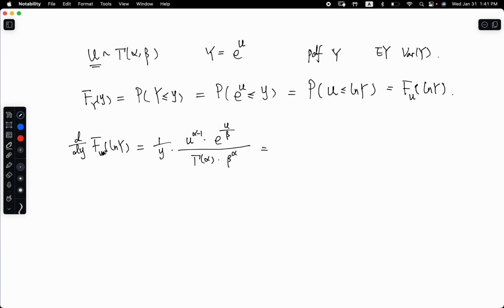But we need to represent this as a function of y. So we need to rewrite u equal to log of y.